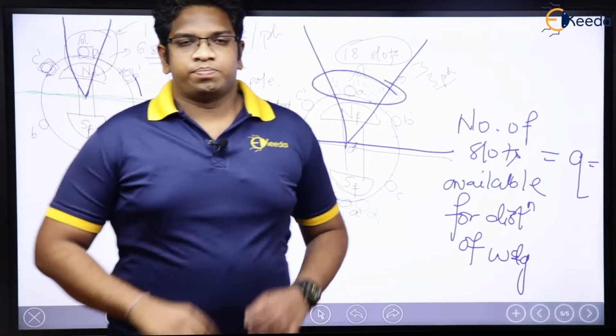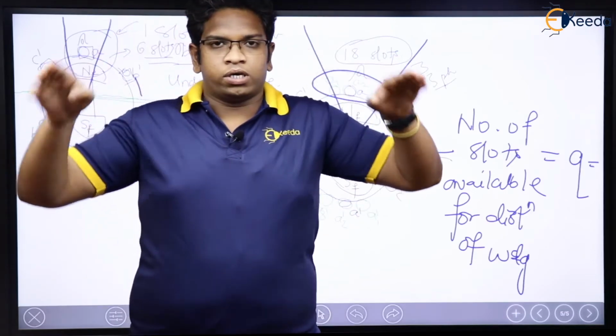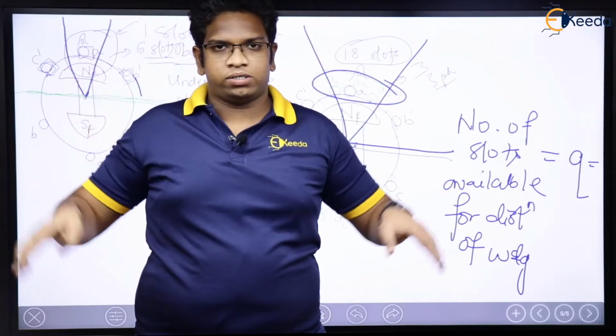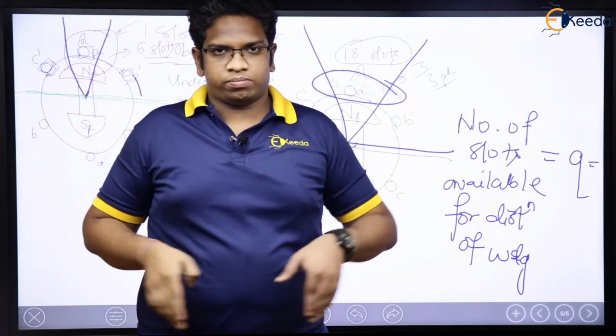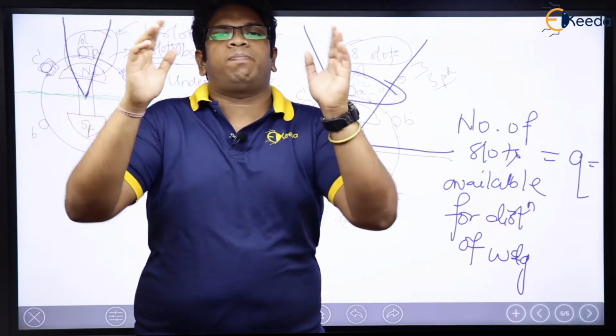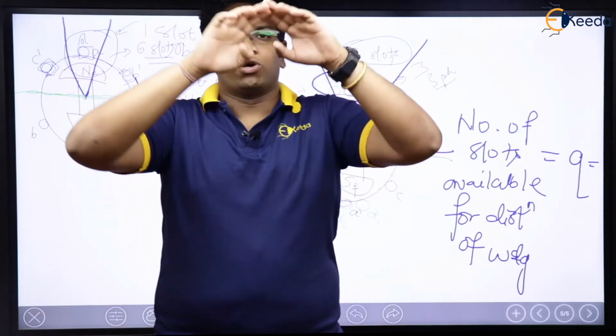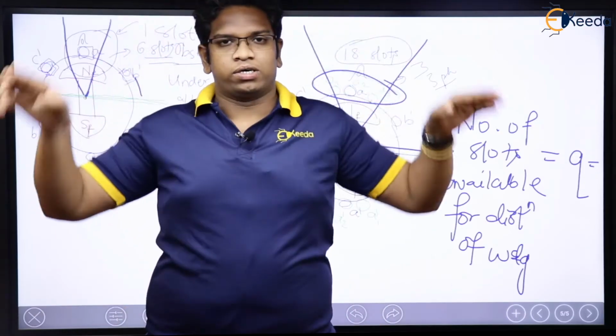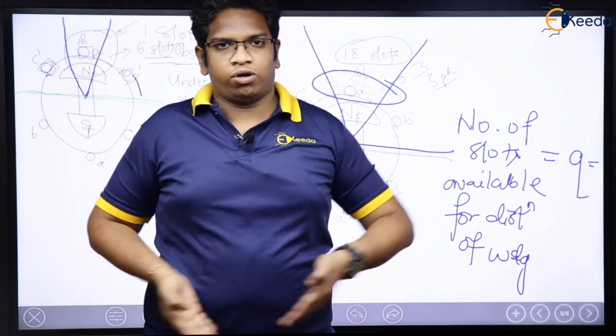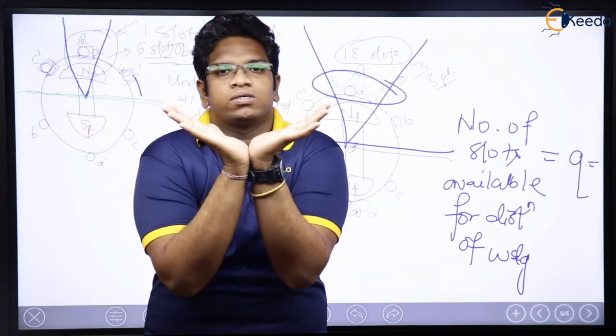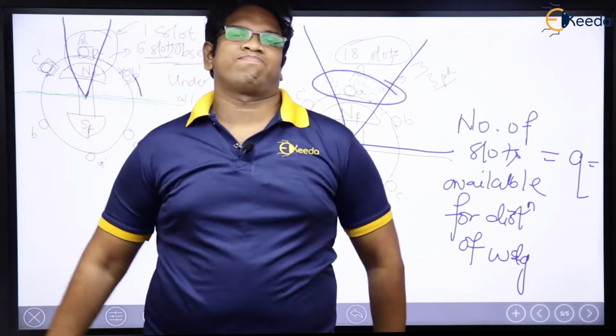Again. See here. Total slots. These are total slots. Feel it. Total slots per pole per phase. Again. Total slots. Right? This is circle. Total slots per pole per phase.